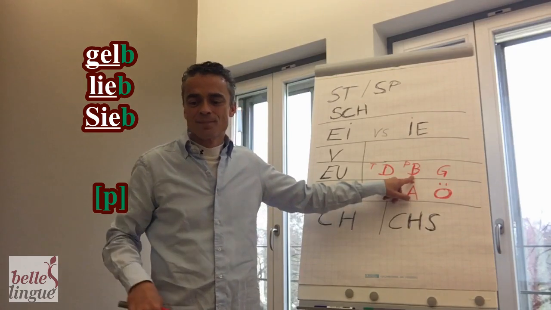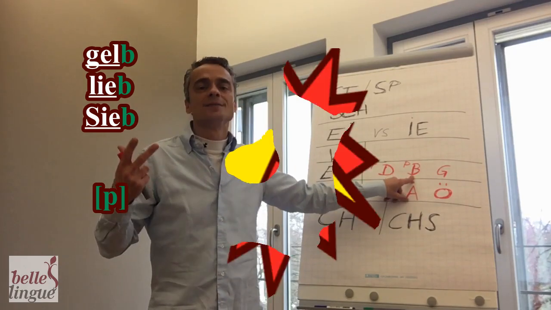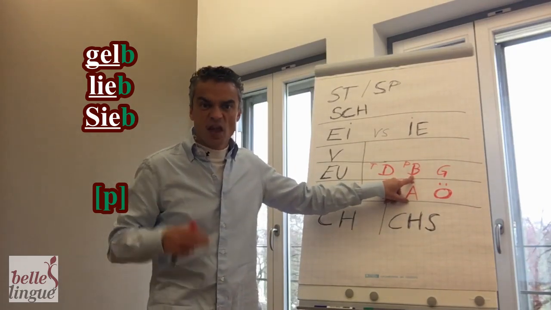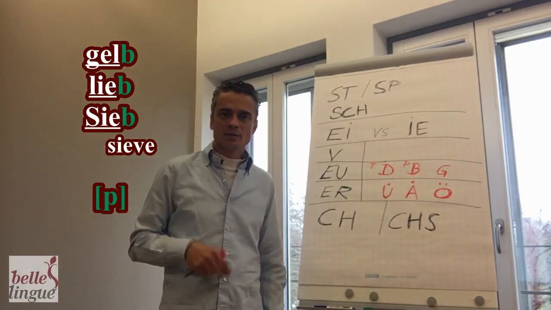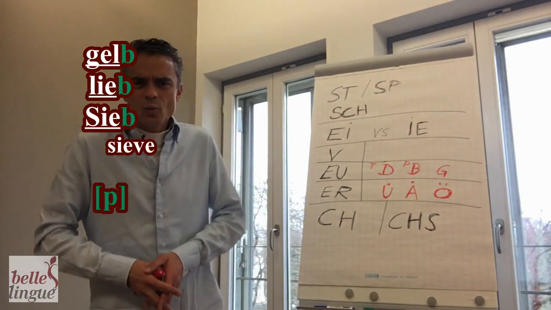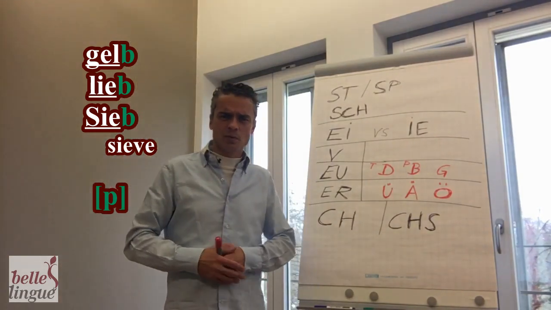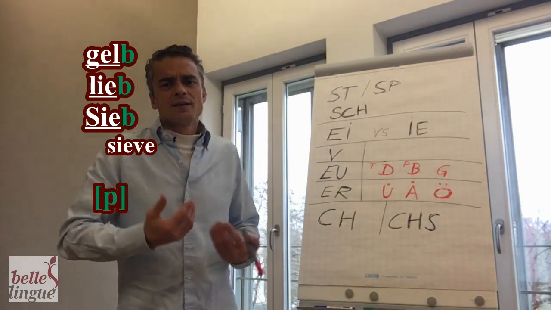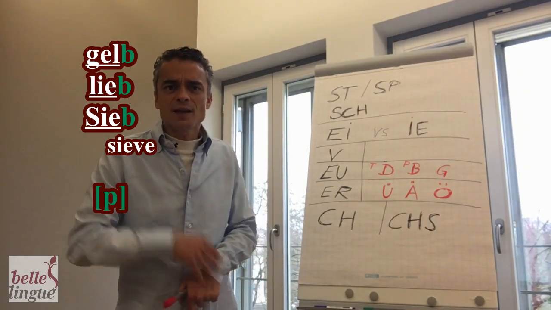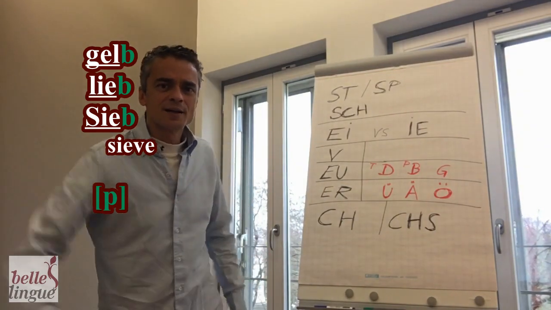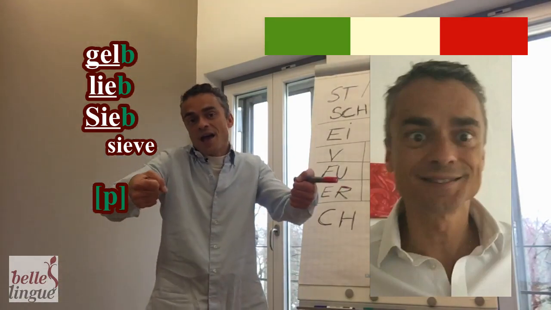What the other word? Lieb. No, it's lieb. Gelb. Sieb. So now maybe you are asking yourself, why sieb? Is that so important, this word? Okay, you have to know I'm Italian. It's almost midday and I'm just thinking of my spaghetti. And I have to use a sieb.